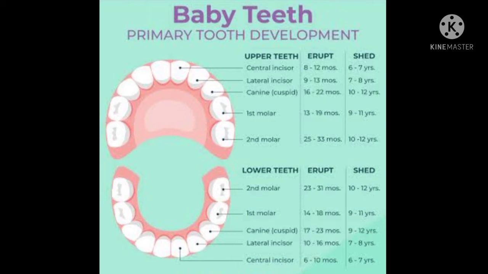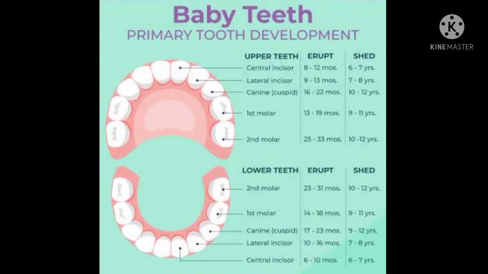Canine erupts at 17 to 23 months and sheds off at 9 to 12 years. Lateral incisors erupt at 10 to 16 months and shed off at 7 to 8 years. Central incisors erupt at 6 to 10 months and shed off at 6 to 7 years.